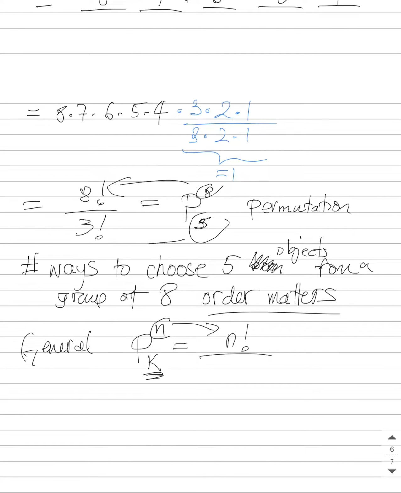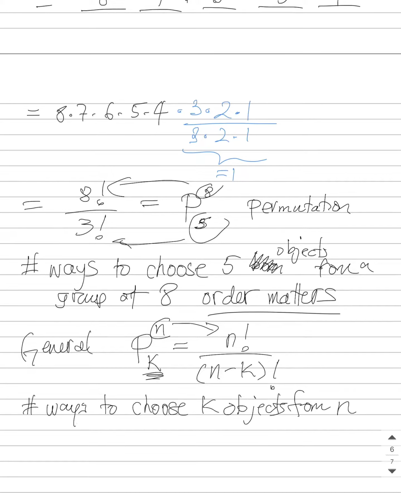So how does this 5 relate to that 3 down there? It turns out that 3 you would get by going 8 minus 5. It's whatever was left over. And so this is the definition. This is the number of ways to choose k objects from n in total, where the order matters.